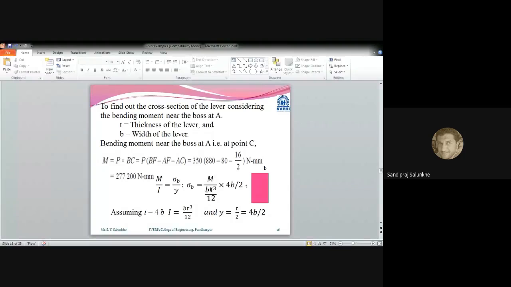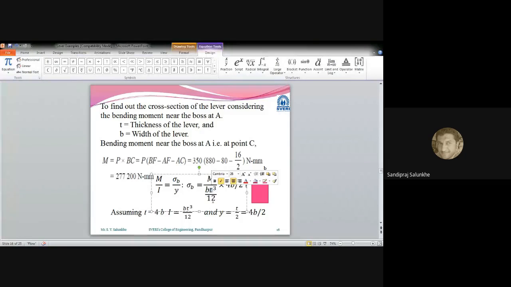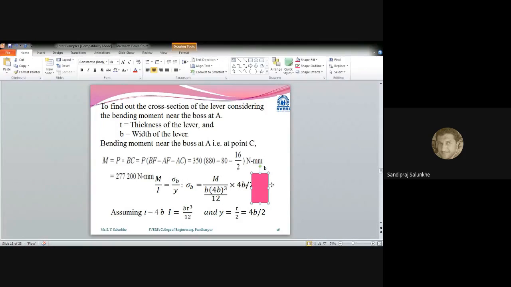The value of t you can put as 4 into b. So you will get the sigma b value in terms of small b only.